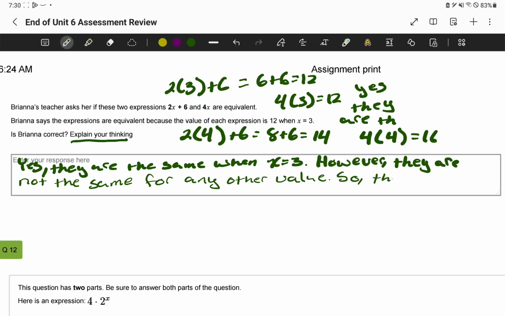So they are not equivalent. See, it's not that hard. You just have to put some effort into it. Okay? Yes, it's true for that value, but only that value. Okay? You don't even have to put that first sentence. You can just say they are not the same for any other value, so they are not equivalent. Okay?